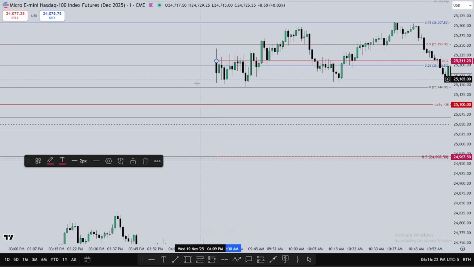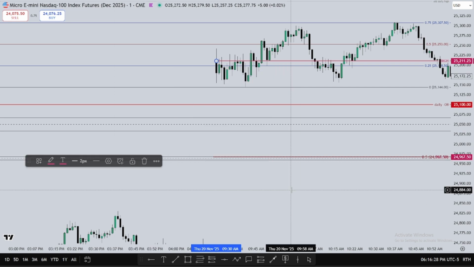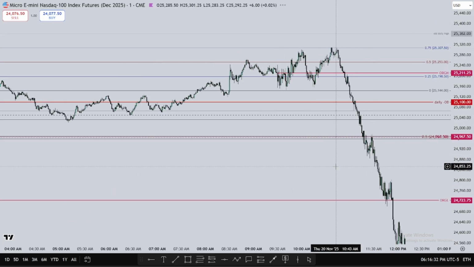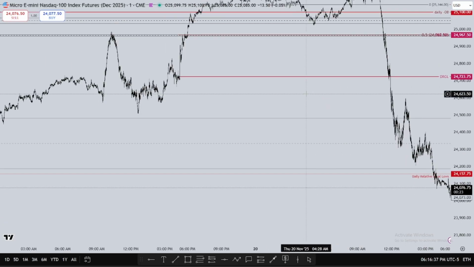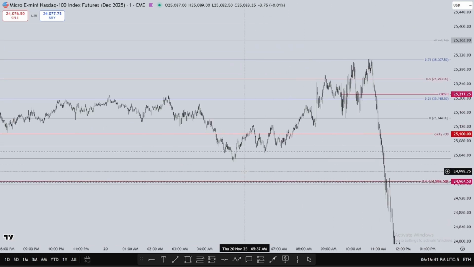And then my opening range gap high, which you put on beforehand or when the market opens. So boom, that's all I got on the chart. Everything else, you can add all that other stuff, but it's not necessary.